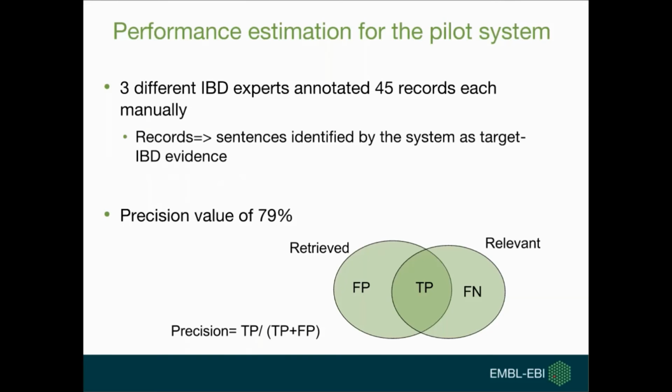We estimated the system performance manually. For this purpose, 3 different IBD experts annotated randomly selected 45 records manually, and the precision of the system was estimated as 97%.